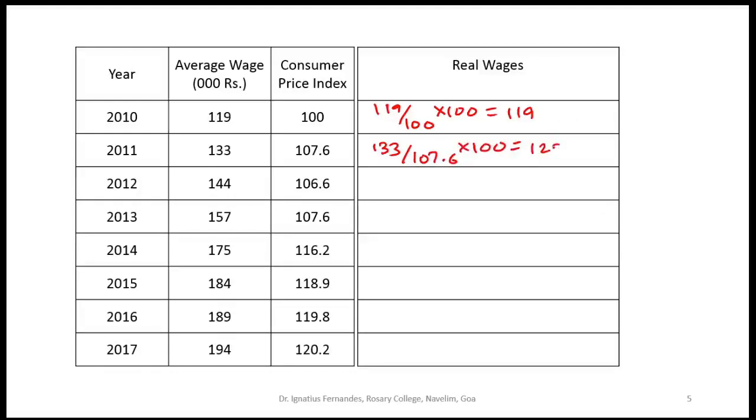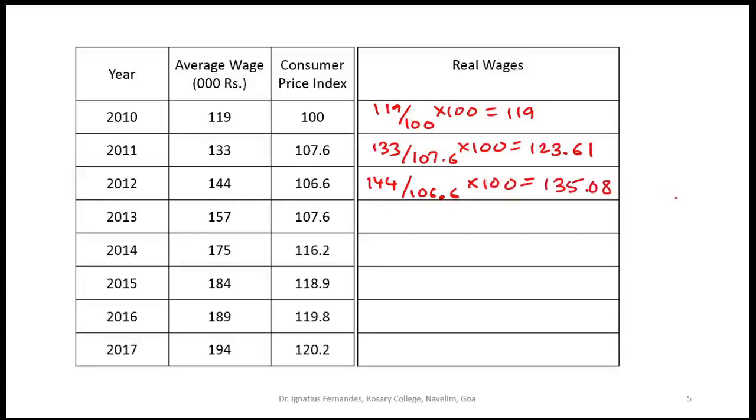This will come to 123.61. For 2012, it will be 144, the income, divided by the price index 106.6 multiplied by 100, that will come to 135.08.